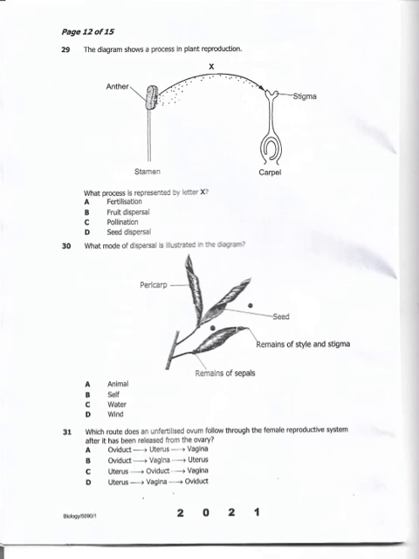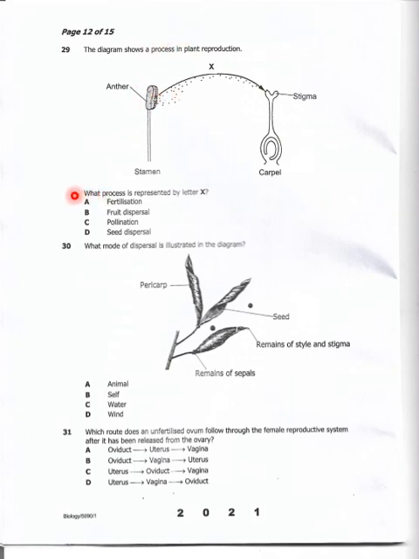29. The diagram shows a process in plant reproduction. What process is represented by the letter X? We can see that this is the anther containing pollen, and the pollen is going to the stigma.